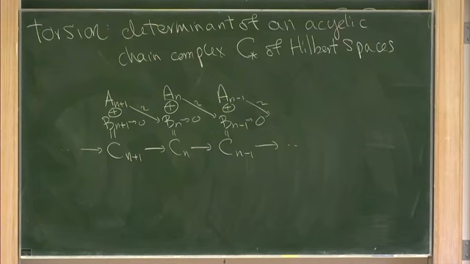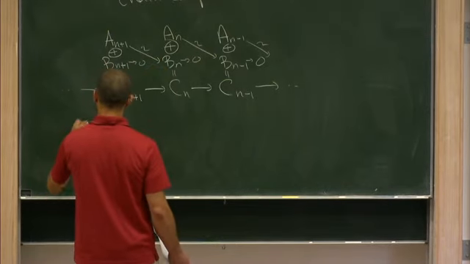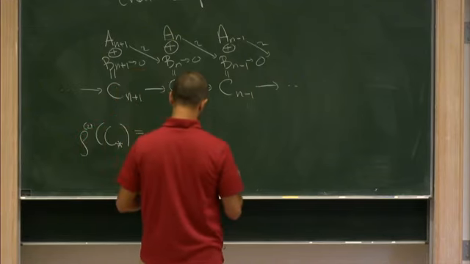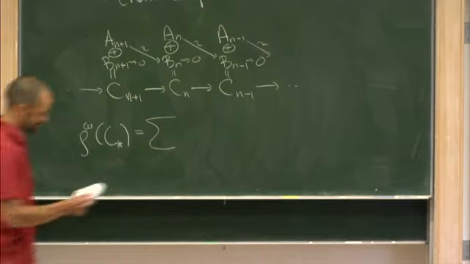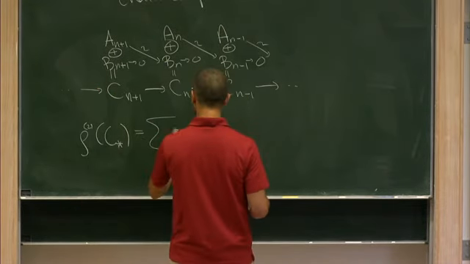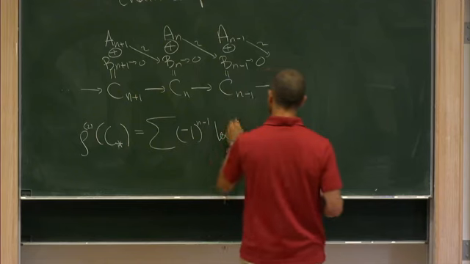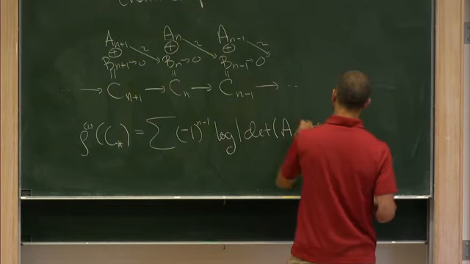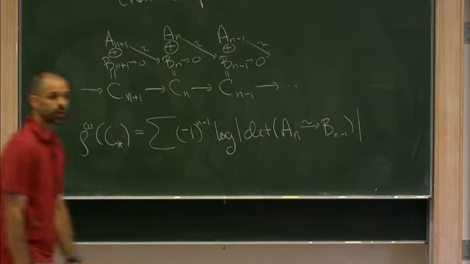And what the torsion does is it takes the determinant of these isomorphisms. So the way the torsion of this chain complex is defined, let me write something down: it's defined to be the alternating sum of the log of the absolute value of the determinant of these isomorphisms, A_n to B_{n-1}.